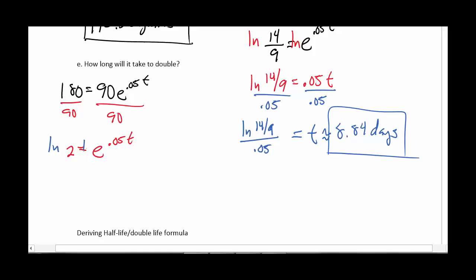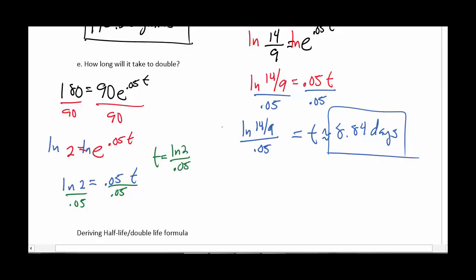Then I want to take the ln of both sides. And so I have ln of 2 equals 0.05 t. And then divide both sides by 0.05. And so I get t is equal to the ln of 2 divided by 0.05.